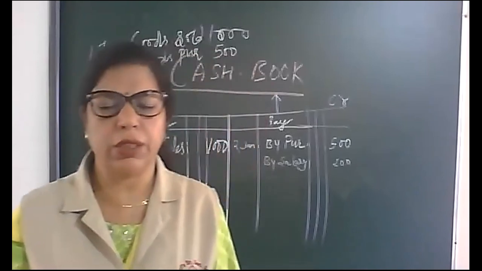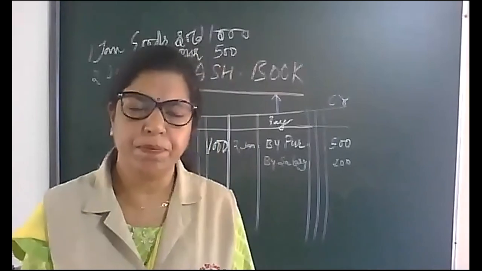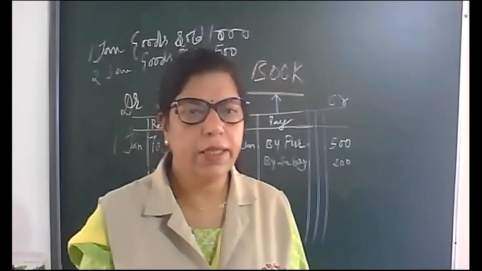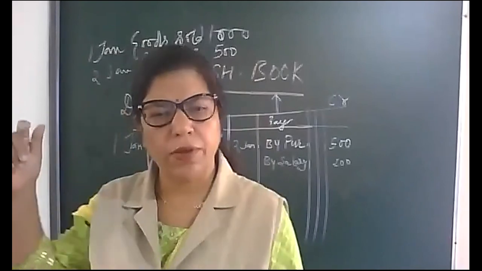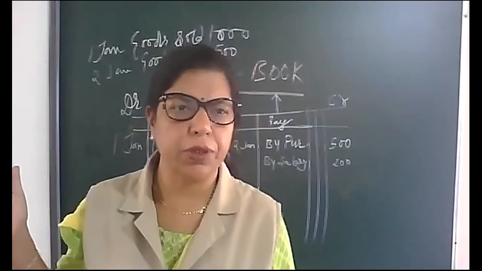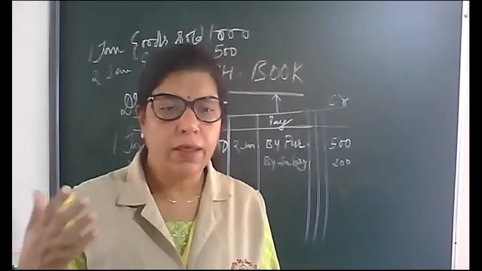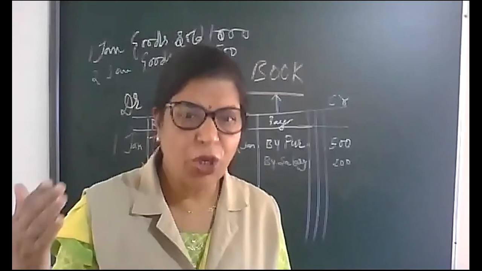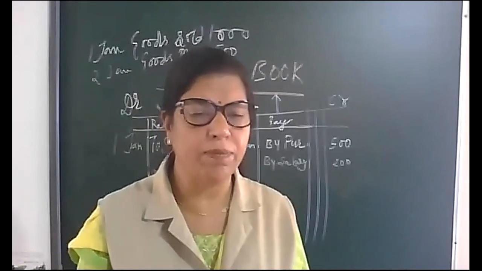Now my question, why is the businessman preparing a cash book? Yes, to check the cash balance with the balance of the cash book, so that he can find out fraud or cheating, if an employee is doing something wrong.